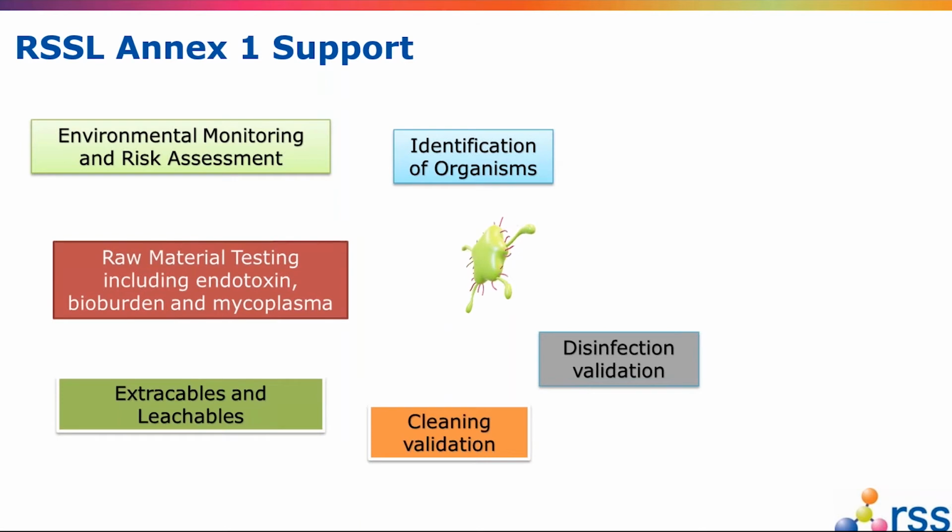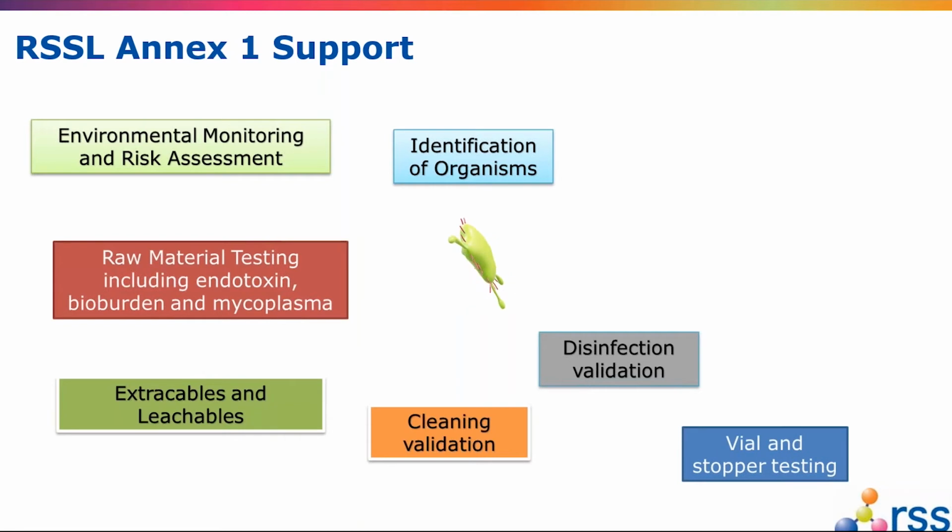RSSL's core business is to provide support for all raw material testing across the pharma industry. This is especially true for the biopharma sector, where pharmaceutical methods may not be available. And of course, the microbiology team can help support with bioburden, endotoxin, sterility, and mycoplasma of these raw materials, as well as finished product.